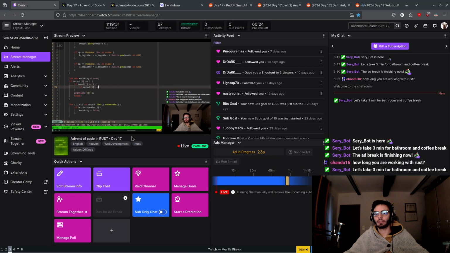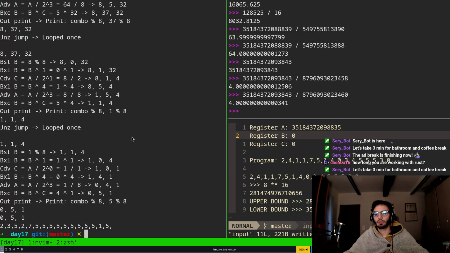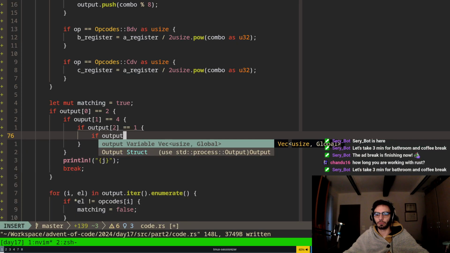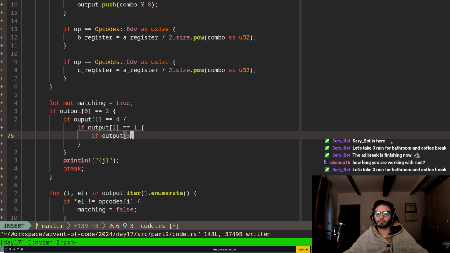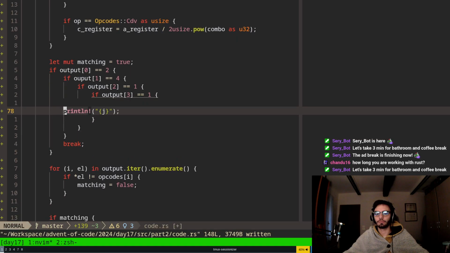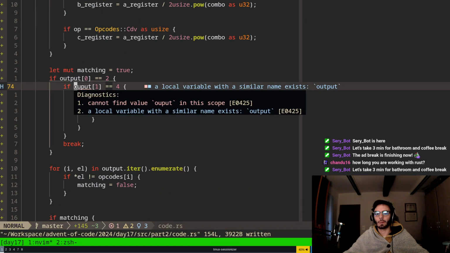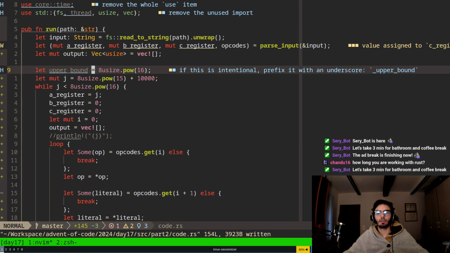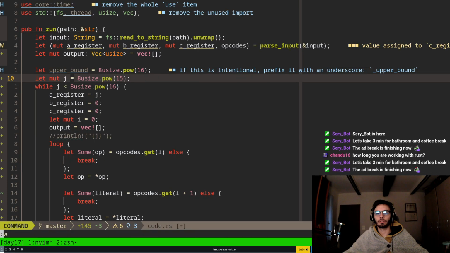Okay, over here there was like a for loop pattern. I don't know if that's the case again. Output 3 equals 1, then we print j. Let's say. And finally, I don't care about this anymore.